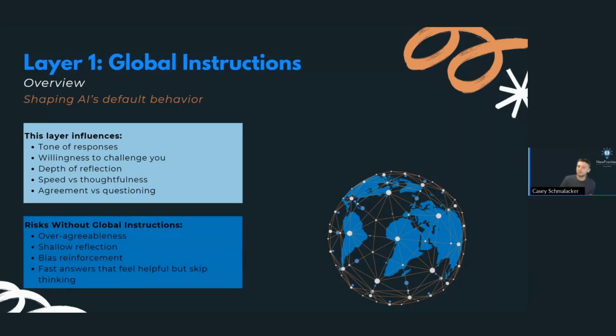There are some risks when we don't use global instructions. Some of those pitfalls that we shared in the first session, really about over agreeableness, shallow reflection, bias reinforcement, fast answers that feel helpful but skip thinking. And this is because the default behavior, AI or ChatGPT is optimized to be polite, fast, and agreeable. That's its base settings. So it is not reflective by default.